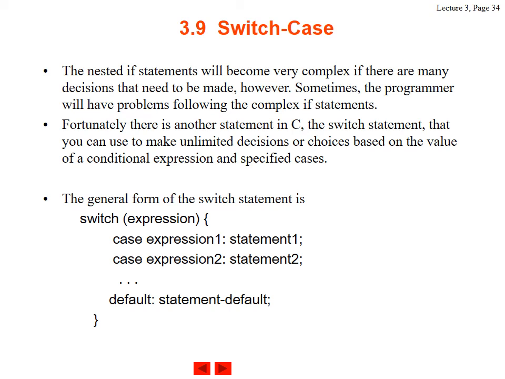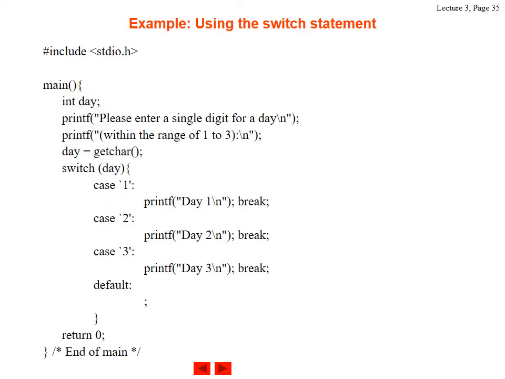Case number 1, if it is 1, do this. If it is 2, do this. So you realize that instead of following the if else, you can use case 1, then you break. That means if this is true, then don't check any further, right? So it goes to the case, finds case 3, then it ends there.